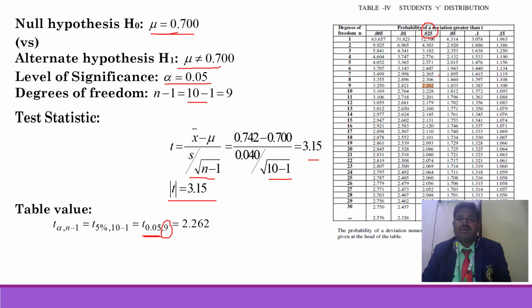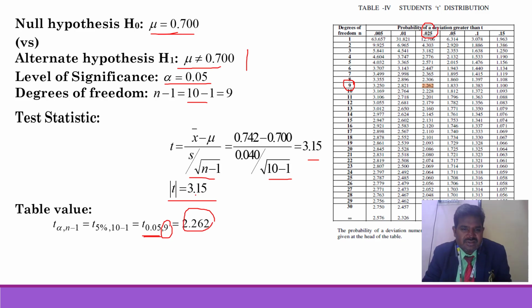This is a two-tailed test, right? So here you are going to see 0.025. For degrees of freedom 9, the value is 2.262. So this is the table value.